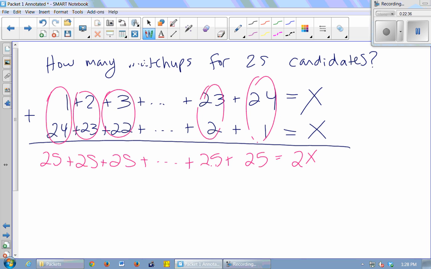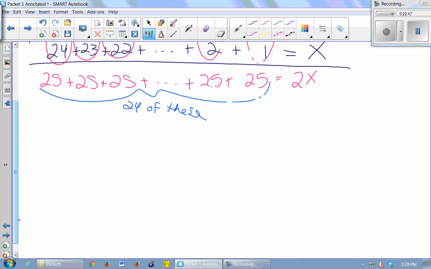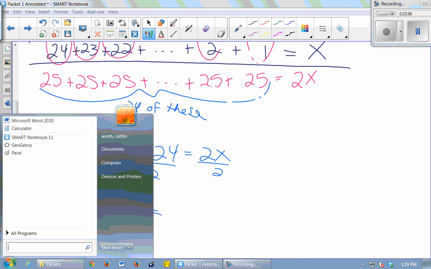So I have 24 of these. So 25 plus 25, 24 times, is 25 times 24. Then just divide both sides by 2. So we get x is 25 times 24 divided by 2.